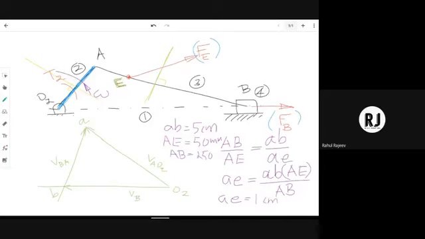So you'll obtain ae as 1 centimeter. That means in the velocity diagram, from the point a you have to take 1 centimeter and mark the point e here. This will be the point e.